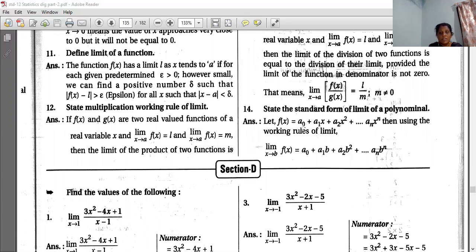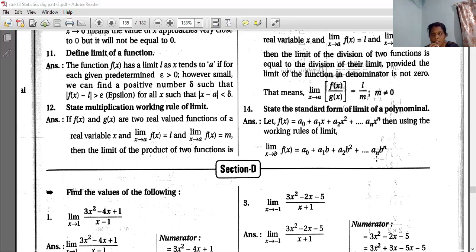f of x is equal to a0 plus a1x plus a2x square plus and so on, this is the given thing. Then using the working rules, limit x tends to b, f of x equal to a0 plus a1b plus a2b square, like this we have. Got it? This section C we have completed.